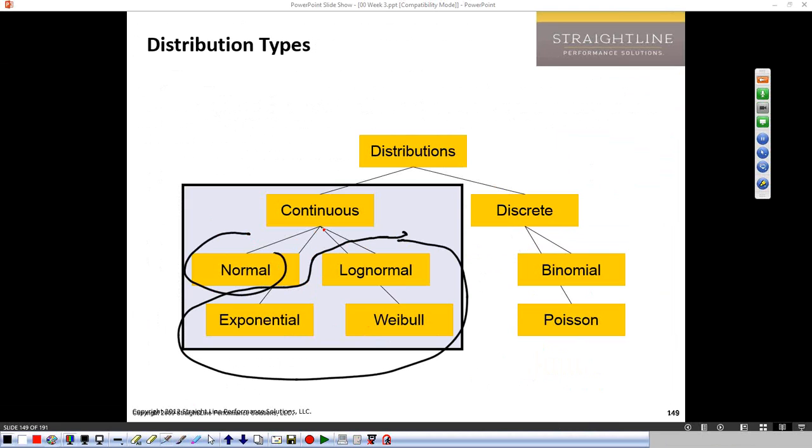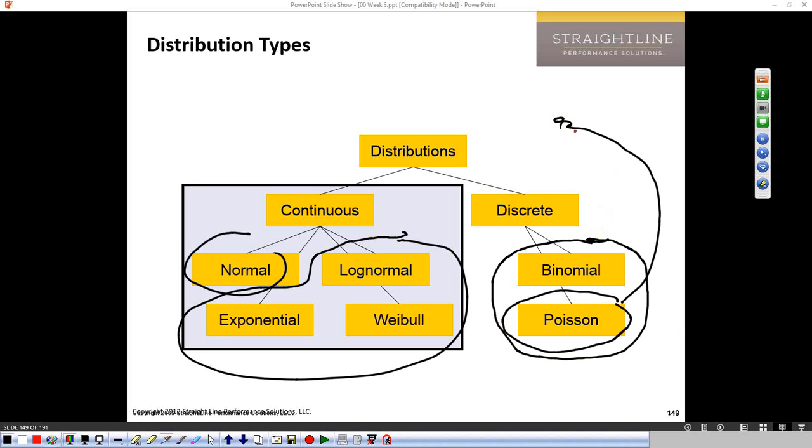Remember with the normal, we looked up the mean and standard deviation, then we put in our numbers for our specs, and we looked up the probability. That's how this stuff works. The slightly different ones are these, and these are for discrete variables. So these are good for, for example, the Poisson distribution, the fish distribution here, those Francophiles.